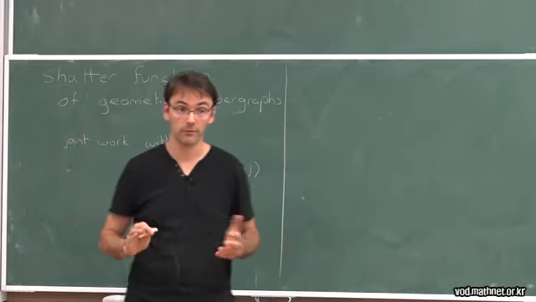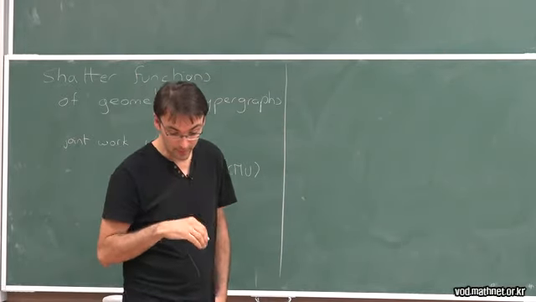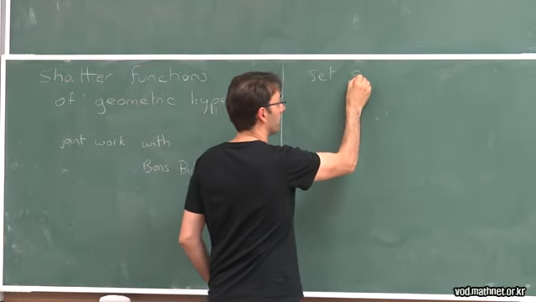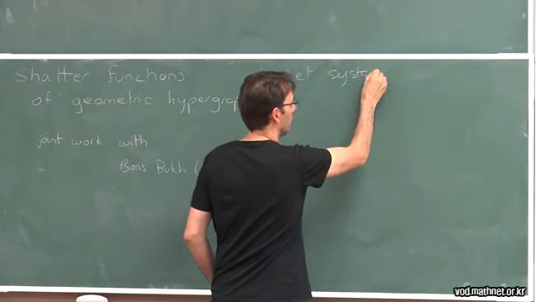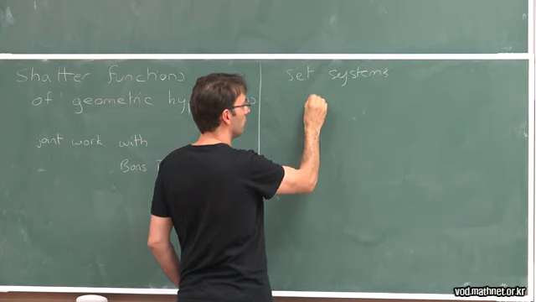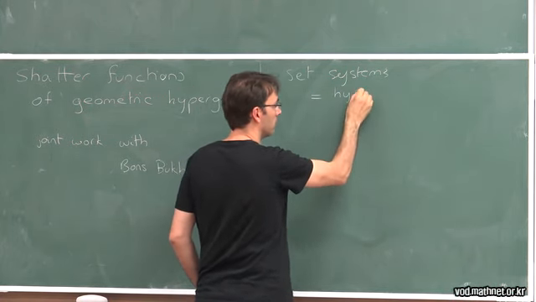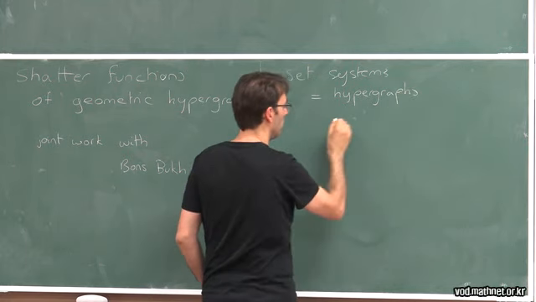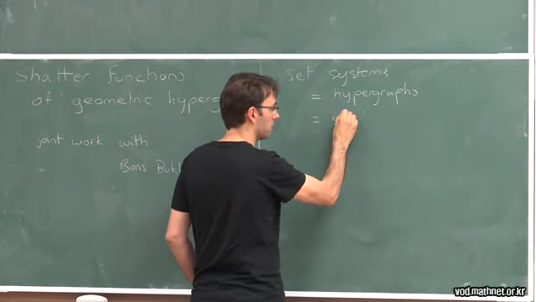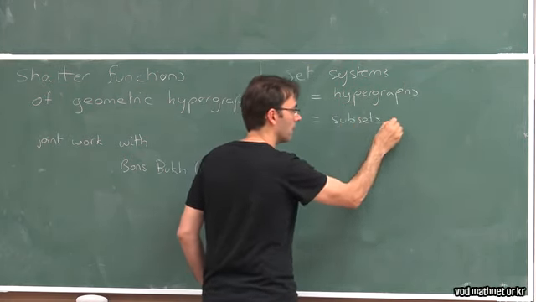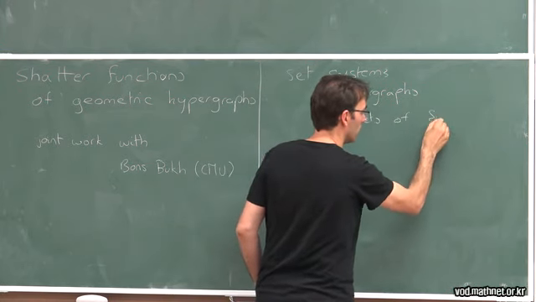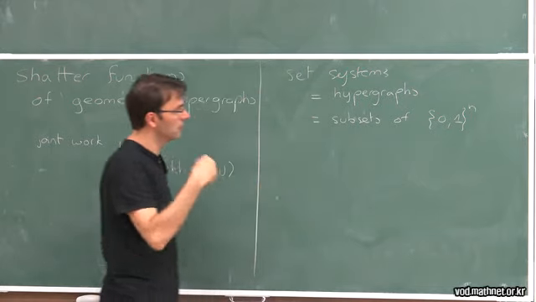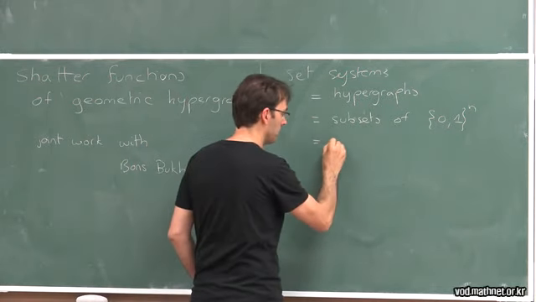Okay? The basic object I want to look at are set systems. You may know them as hypergraphs. You may know them as subsets of the discrete cube. You may know them as range spaces.